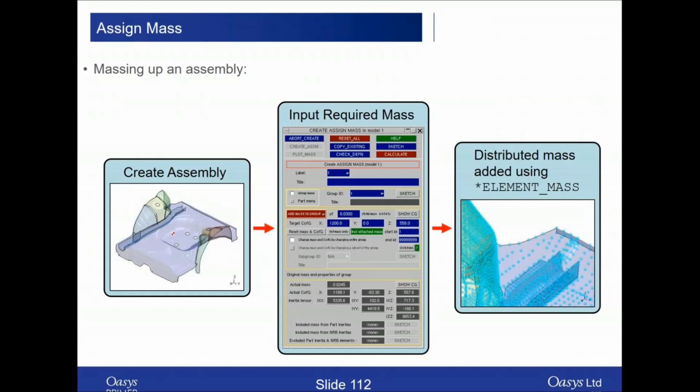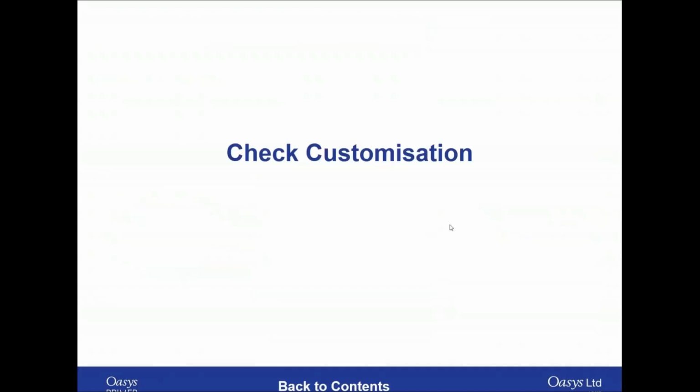These assigned mass definitions are stored within Primer, and if you change the mesh of one of these parts, Primer knows that that part is part of this assigned mass definition and knows that it will have to recreate the element masses to recalculate the targets that you have specified. So it's a tool that allows you to manage mass over assemblies quite easily, and also to retain the integrity of the model when you change it.